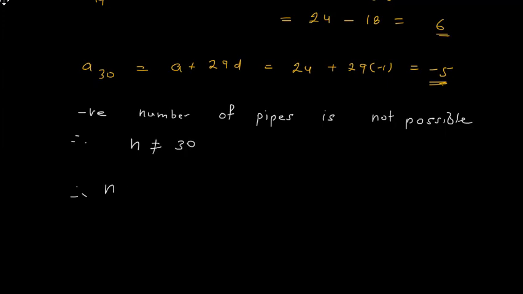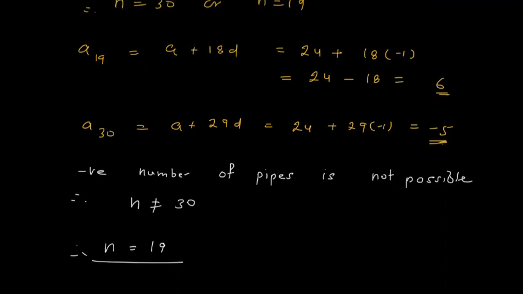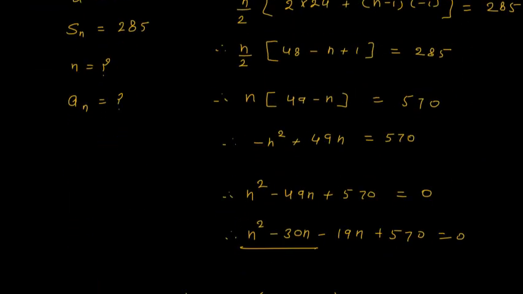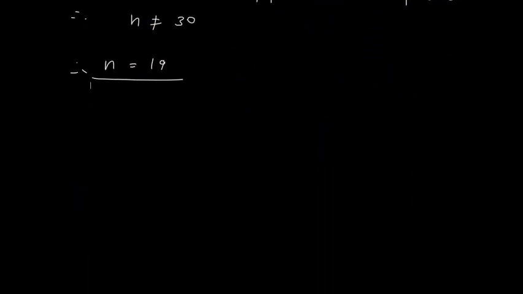So the question is how many pipes are placed on the top row, and in how many rows 25 pipes can be placed. So number of rows of pipe is equal to how many rows are there?